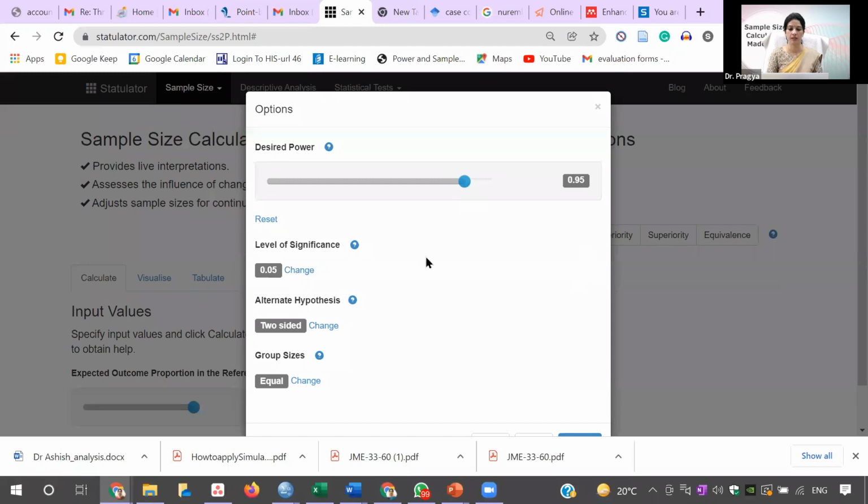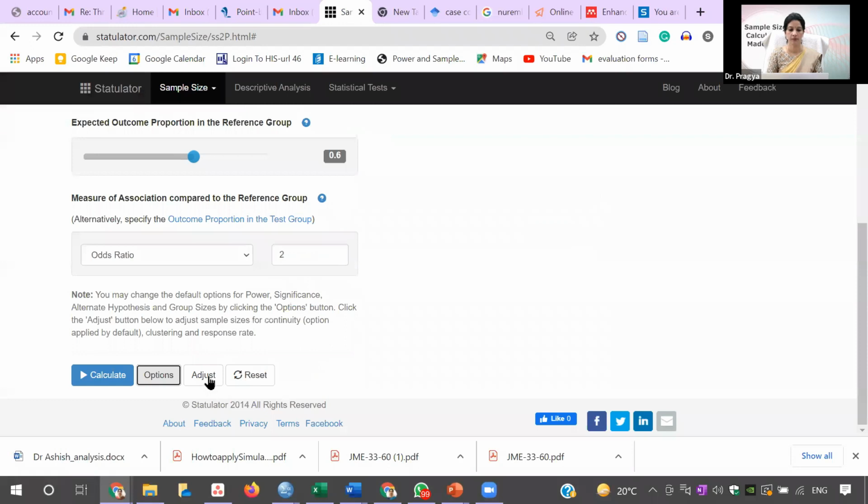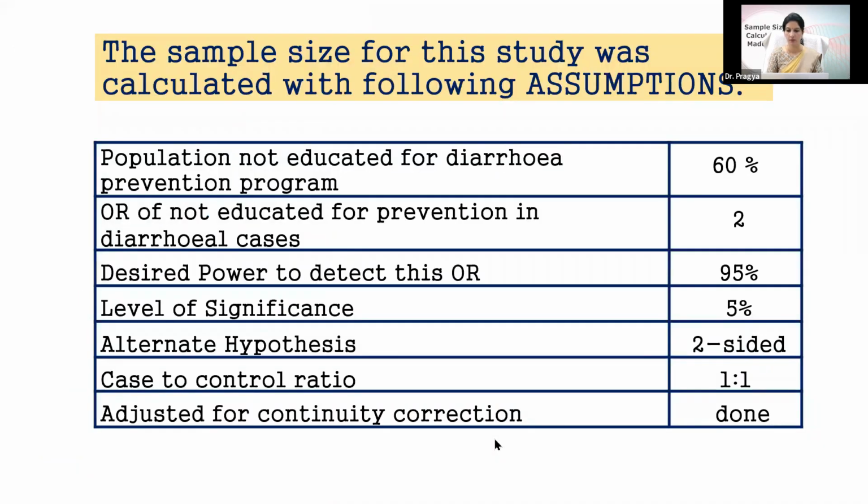Let me see if any other assumptions are there. No other assumptions are there. He did not adjust; only for power he did the adjustment.